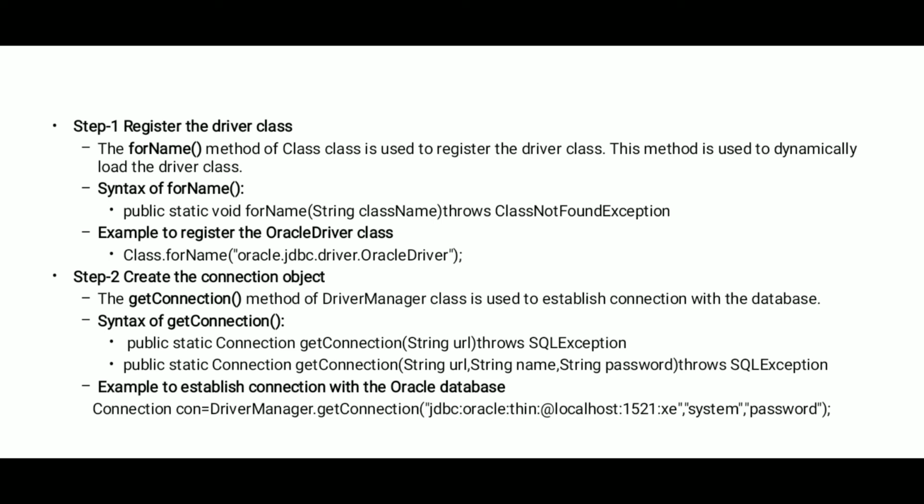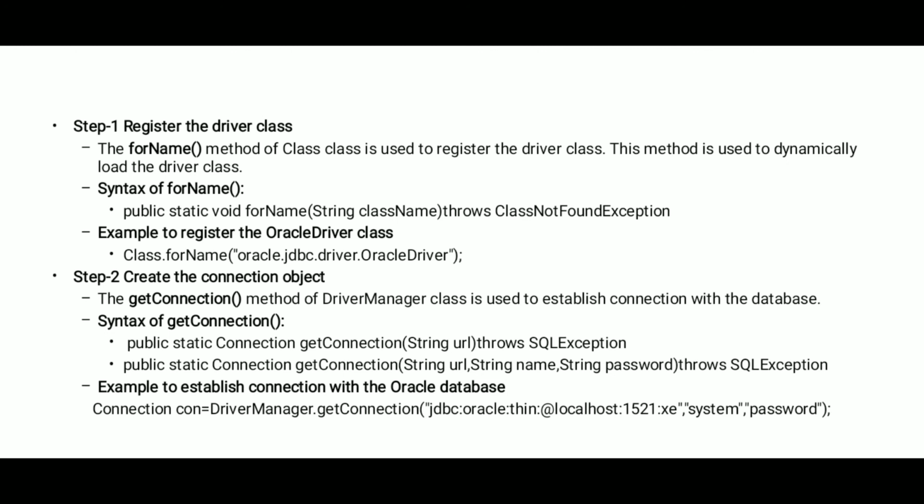The second one is the getConnection method that contains three parameters: string URL, string name and string password. For example, here we create a connection object, and using the DriverManager getConnection method we set the connection, and in this we pass a string URL that defines the database path.